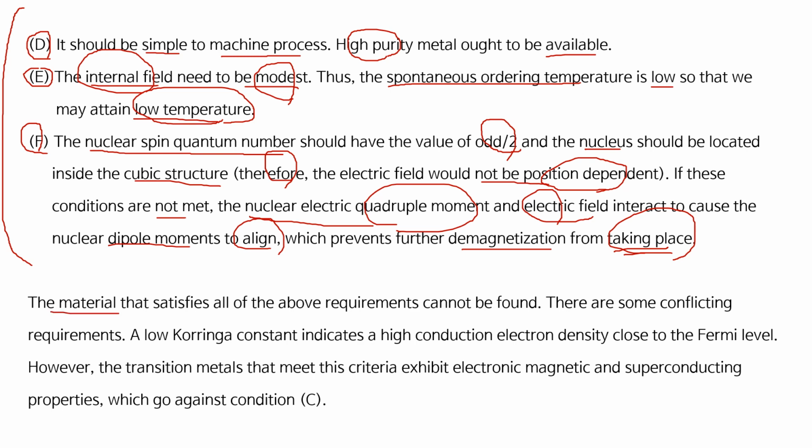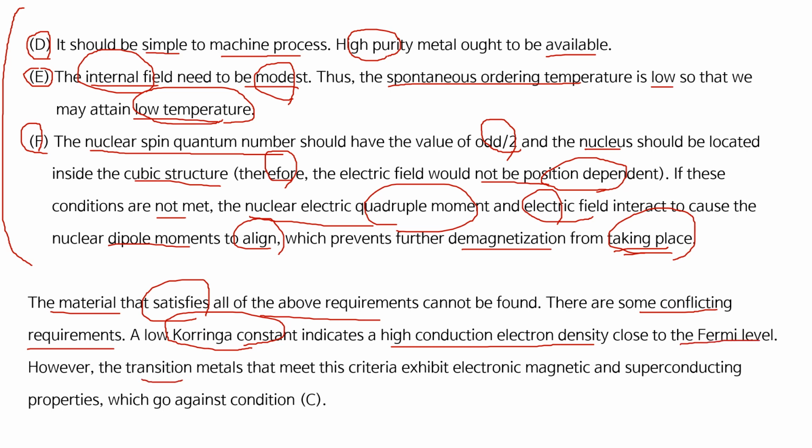However, a material that satisfies all of the above requirements cannot be found. There are some conflicting requirements. A small Korringa constant indicates a high conduction electron density close to the Fermi level.